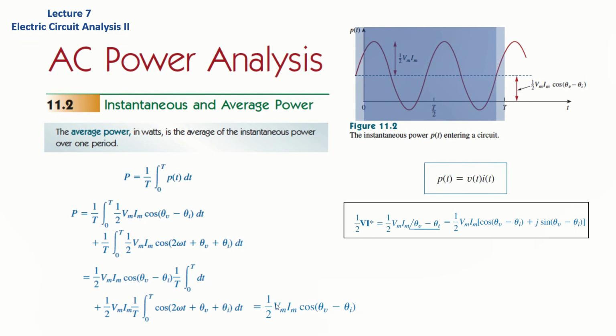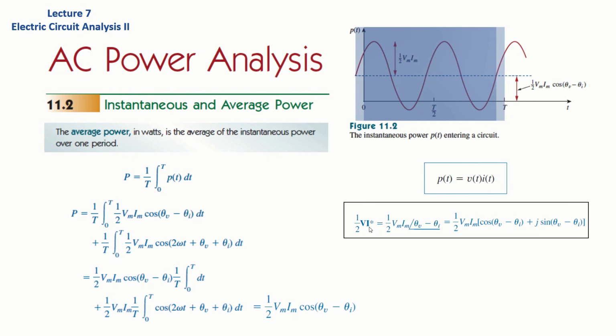Here we have Vm and Im, but as you can see, we do not have two cos functions. We have only one cos function that has the phase of voltage minus the phase of current.